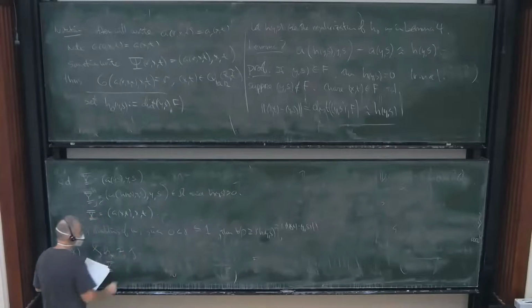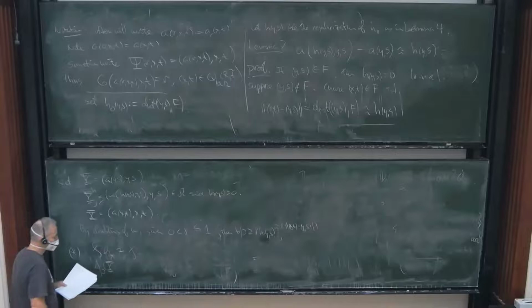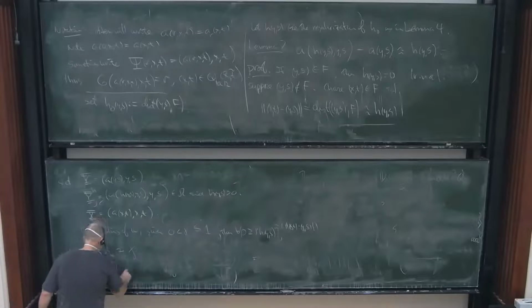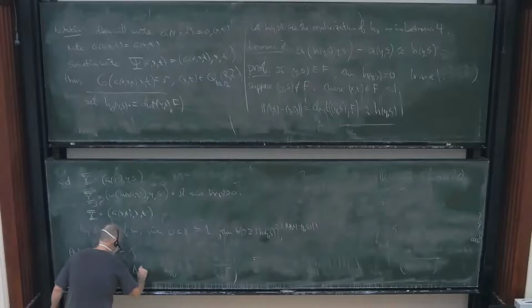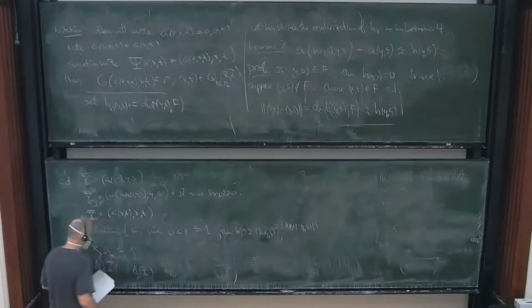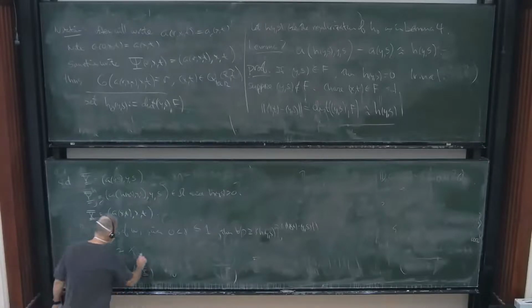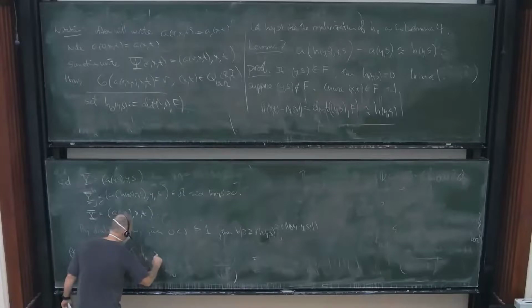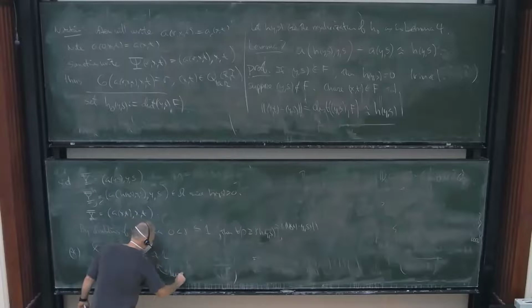Of course, this constant will depend on gamma, but that's okay. The average on delta rho of the point capital X, but lemma 6, remember, says that that's like 1.